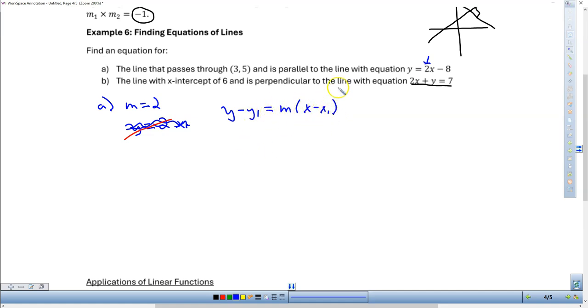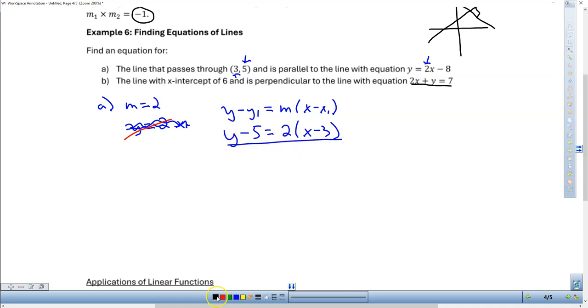You can start seeing how point-slope might be really handy. So I'm going to go ahead and plug in. I know I have this point here, 5, 3. So I can plug that in. And so that's my y point right here. And again, m we know is 2. I'm going to do x minus, and I have x1. So that, of course, in this case is 3. And so here is the equation of a line that would be parallel.